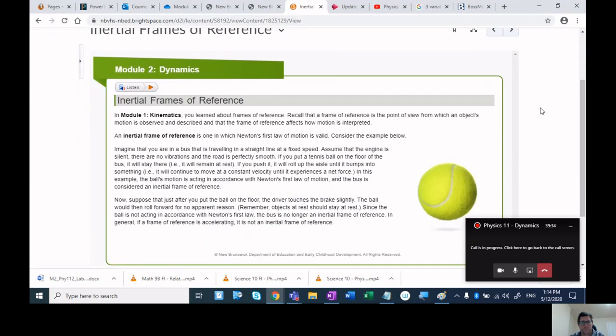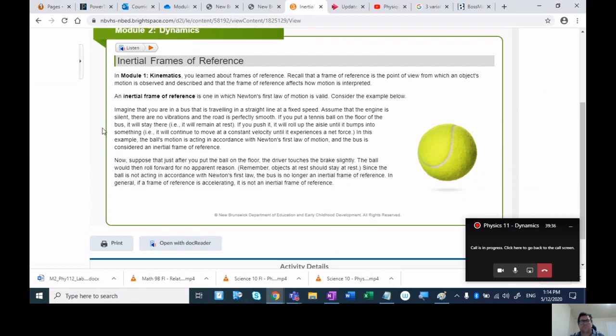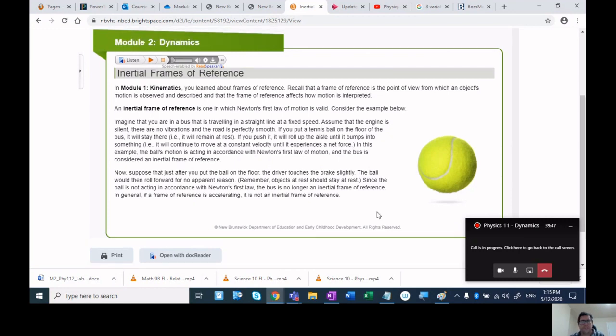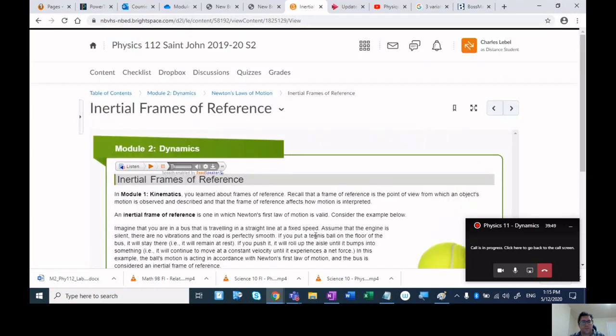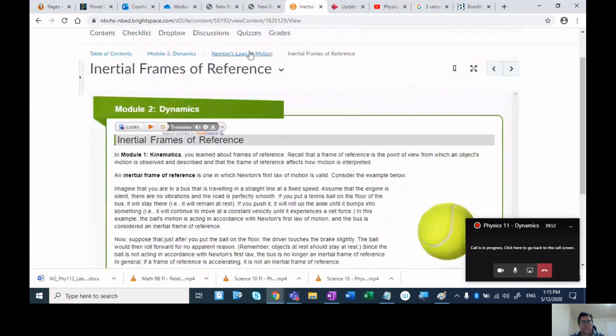Inertial frame of reference. An inertial frame of reference. Okay, play. So we'll just make a quick stop here, I think. I want to know where we are in terms of the module.